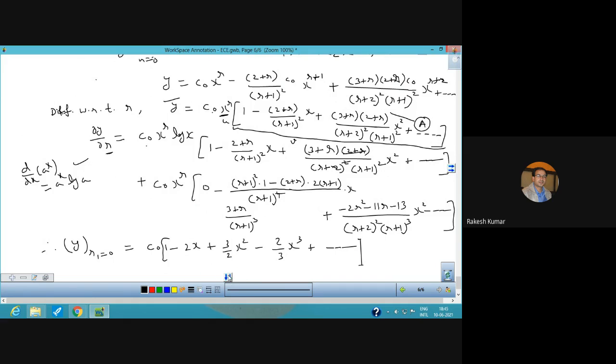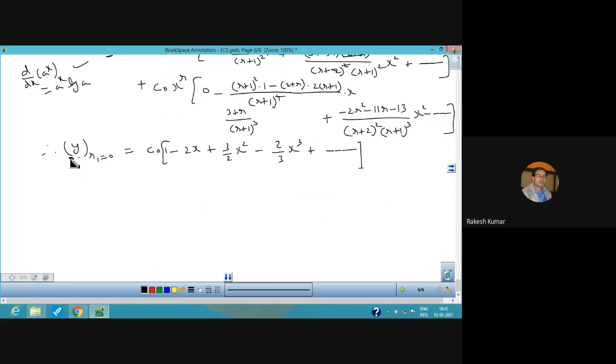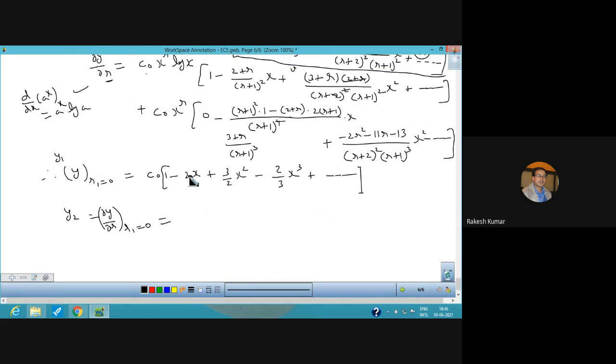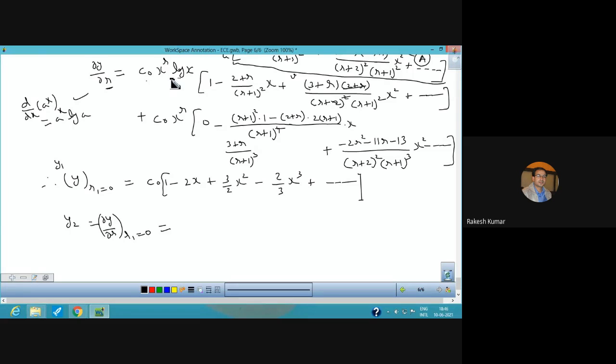So this is your value of y, and the value of y at r1 is equal to 0 is named as y1. Similarly, y2 will be the value of del y by del r at r1 is equal to 0. Now, the derivative has been computed over here. This is your derivative.